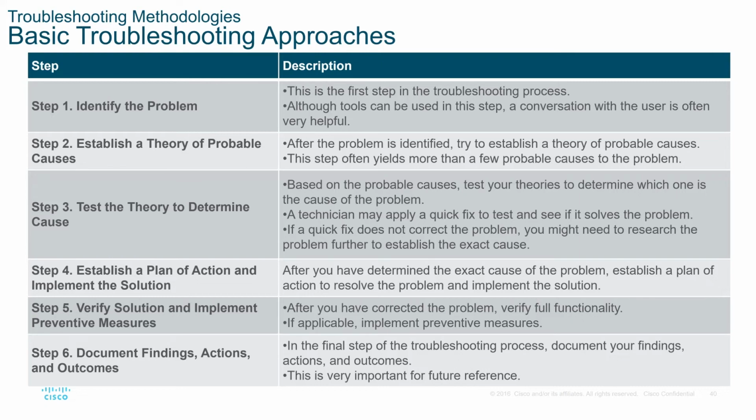Once you have gotten the information, establish a theory of the probable cause. After the problem is identified, such as is it local to a machine, to a network, to the entire company? After the problem is identified, try to establish a theory of probable causes.